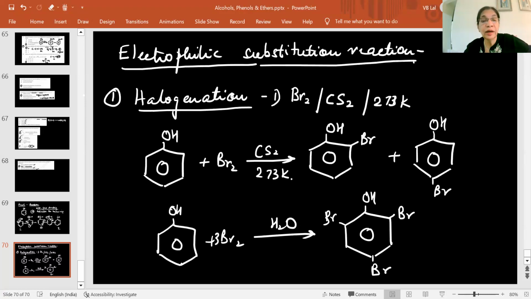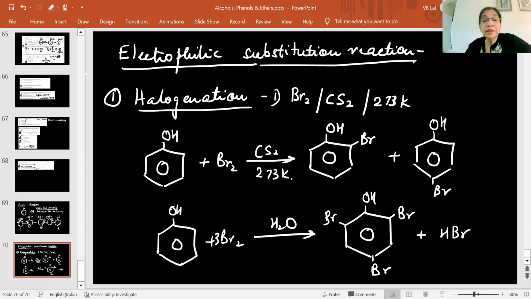Okay, I can write 3Br2 plus HBr. Okay, so here the first equation cannot be balanced because the percentages are different. Here you can balance and show the formation of HBr.